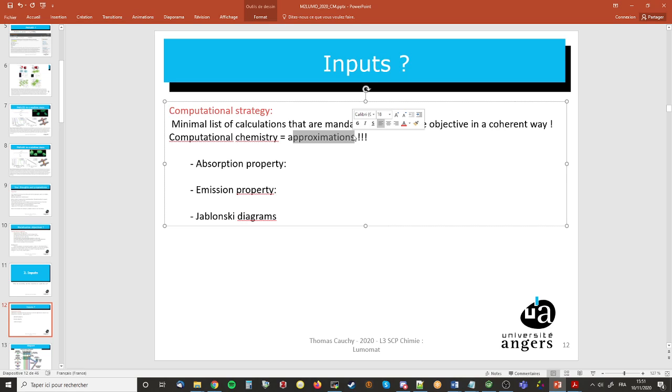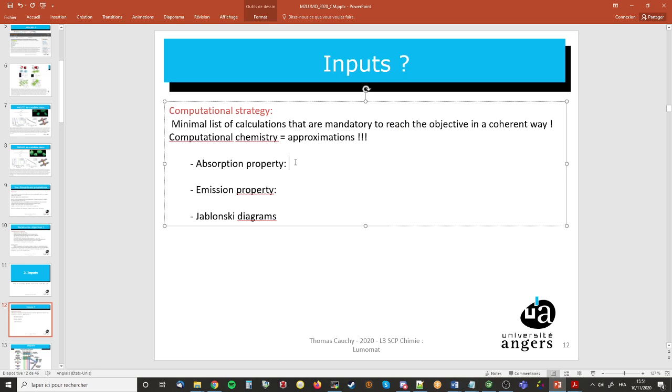Of course, in 10 years, the approximation and the method will be even better, because we will have more computational power. However, the approach will be the same.